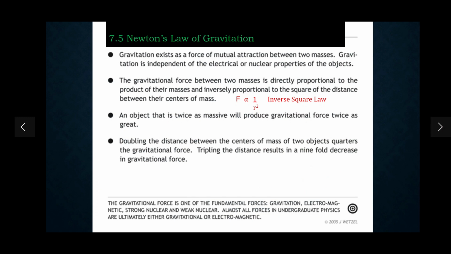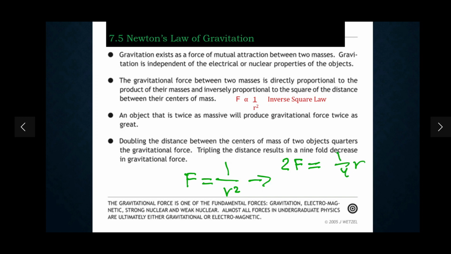Let's explain why. Since F is proportional to 1 over r squared, the gravitational force equals the inverse of the square of the distance. So if r is doubled, the force will decrease by 4 times.